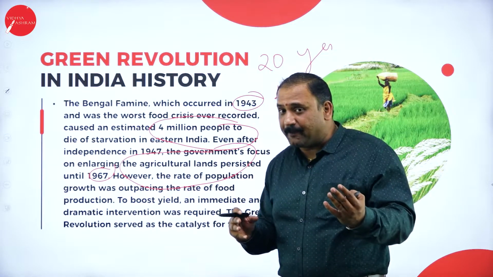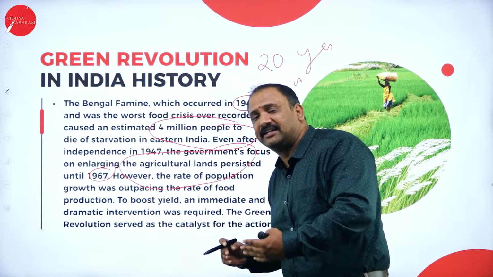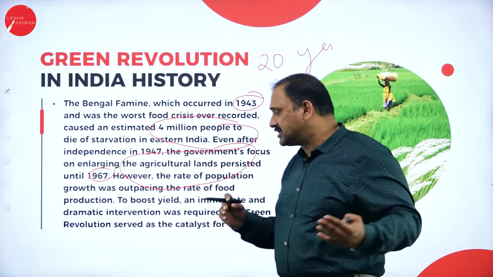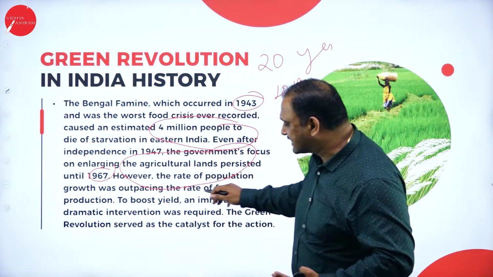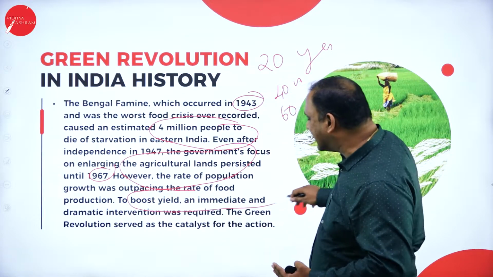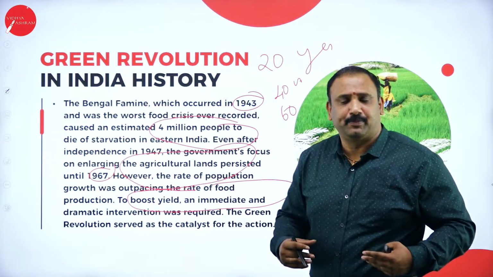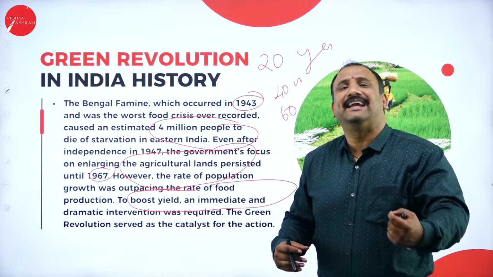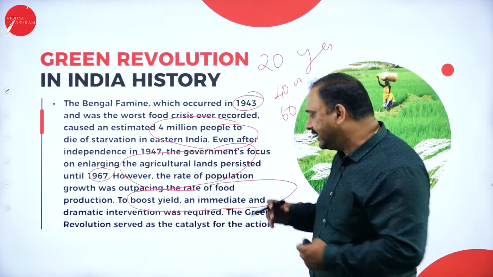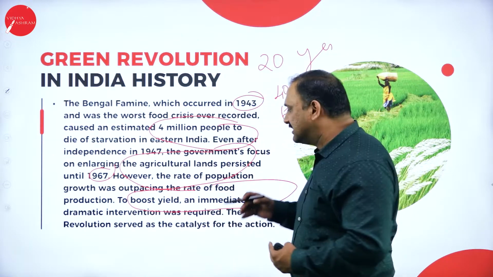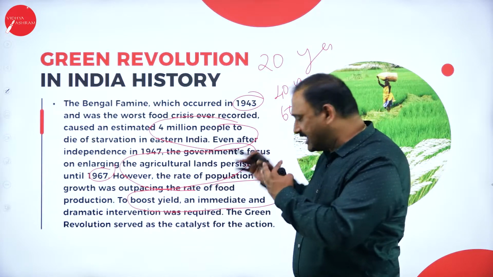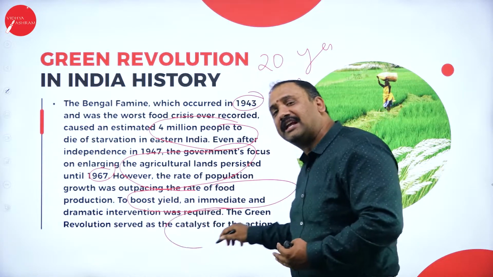But that was not happening at the same pace as the rate at which population was growing. So at some point, people started asking to boost the yield of the food products. We needed a dynamic intervention. We needed a tool, we needed a system, a catalyst that could bring in that entire revolution, and that's where the Green Revolution came into picture.